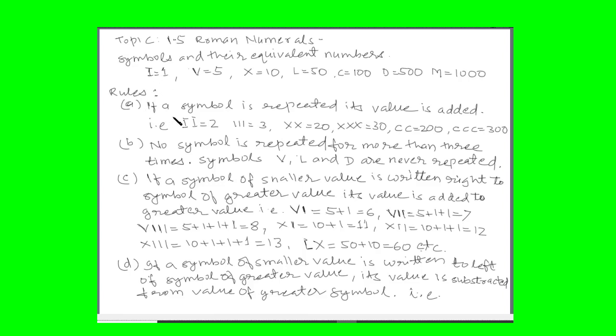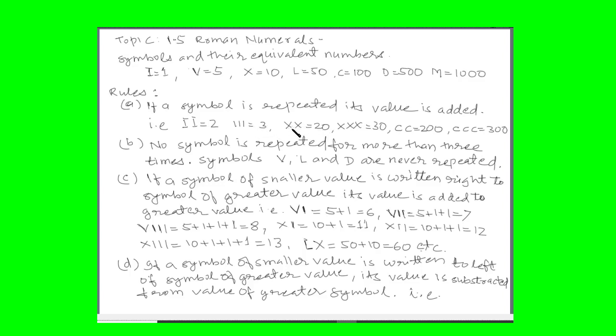Rule A: if a symbol is repeated, its value is added. That is, I and I equal to 2. Then when I is written 3 times, it is equal to 3.